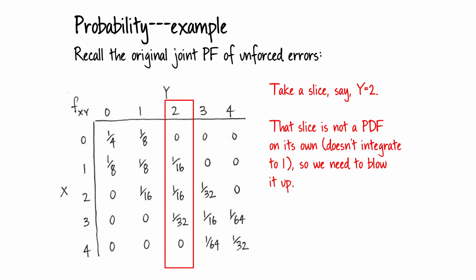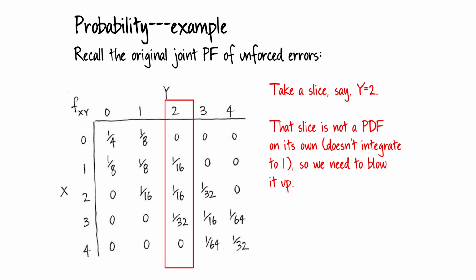That slice represents Esther having 2 unforced errors in a particular game. And these numbers tell us the relative probabilities of me having 0, 1, 2, 3, or 4 unforced errors in that game.